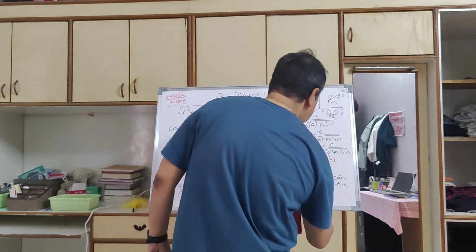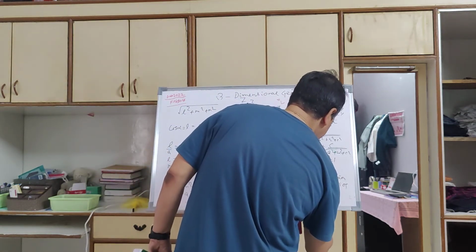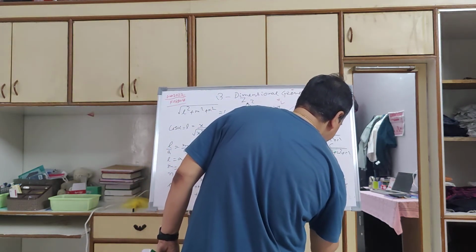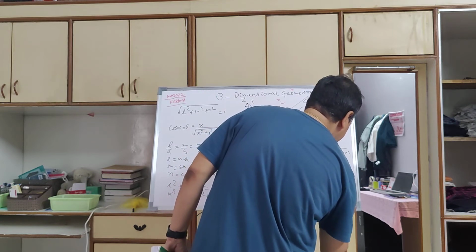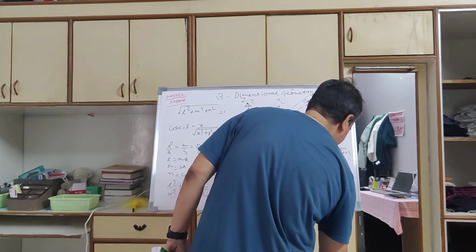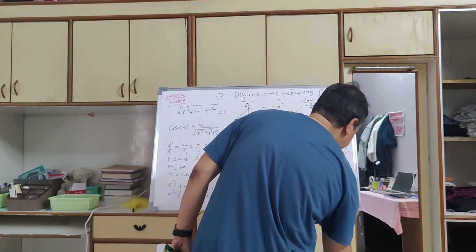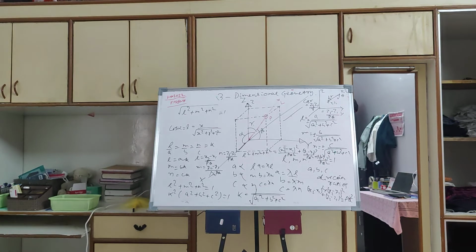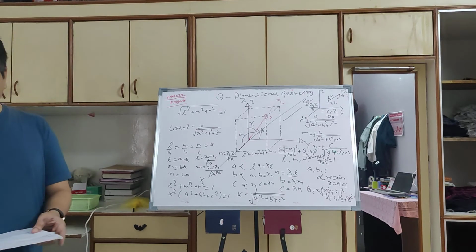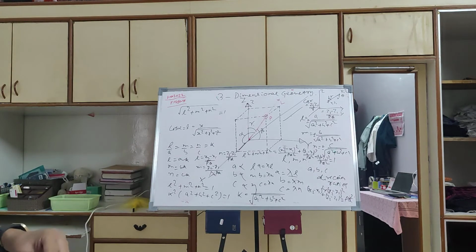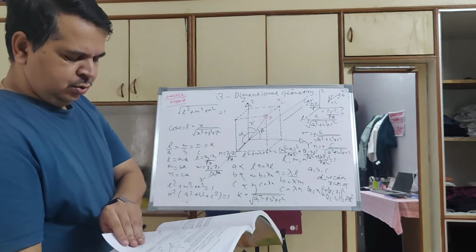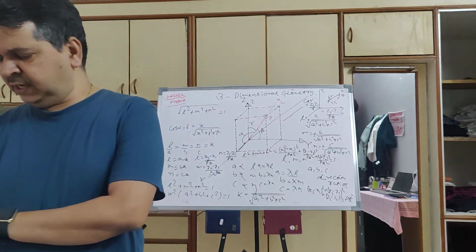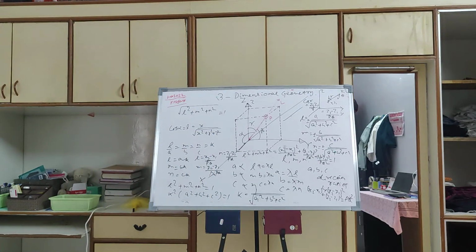That means x2 minus x1 whole square plus y2 minus y1 whole square plus z2 minus z1 whole square is equal to PQ square. Clear? Any doubt? Okay. This is the final equation. You take the square root of that. This is the final equation to find the distance, and with it the direction cosines of a line passing through 2 points.